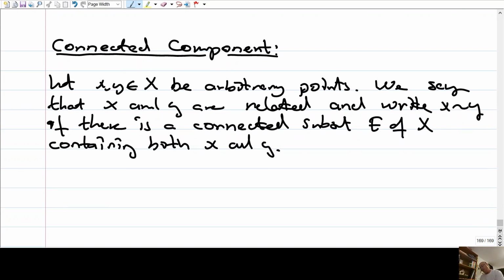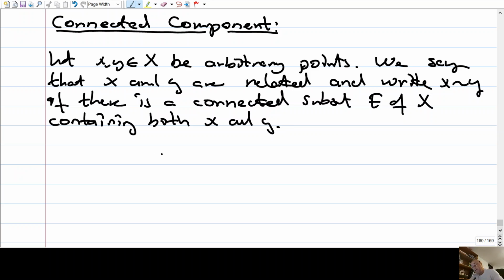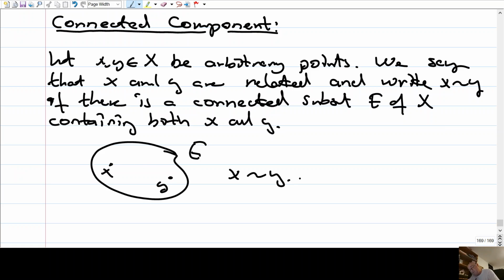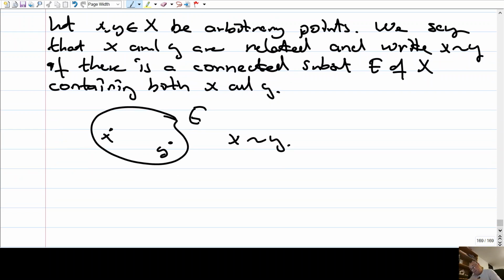So if there is a connected subset of your space containing both points, then we say that x is related to y. We first claim that this is an equivalence relation.